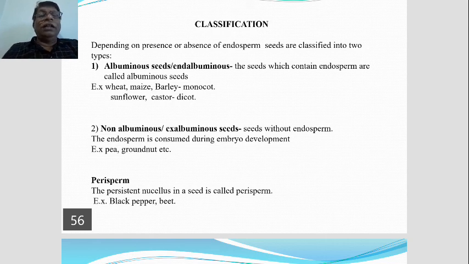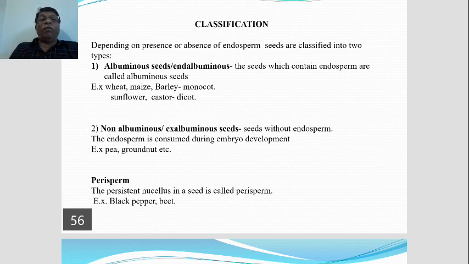Biologically, they are fruits, what we call caryopsis. See the diagram of LS of maize seed, we come across the presence of endosperm and another layer, what we call aleurone layer, a protein layer, found in the maize seed.